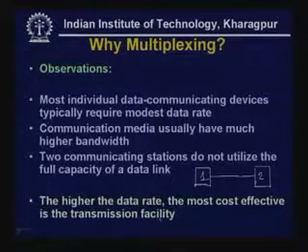Another observation is that the higher the data rate, the more cost effective is the transmission facility. For example, if the data rate is small, then the cost per byte or per kilobyte is more, and if the capacity is large, say several gigabits, then the cost per byte or per kilobyte is much less.